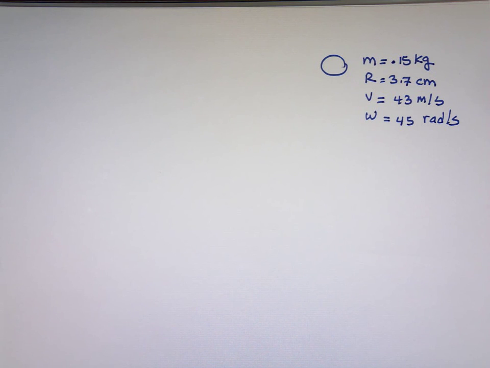How much of the kinetic energy is translational energy? Assume it's a uniform solid sphere. I'm sure the next question is rotational kinetic energy.